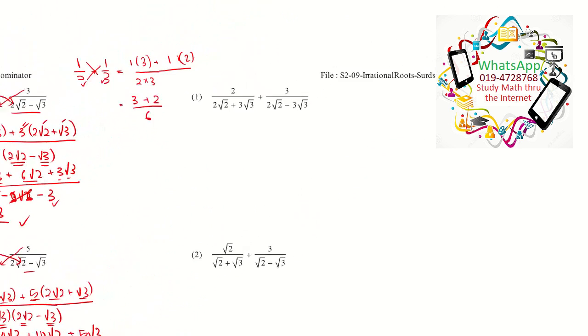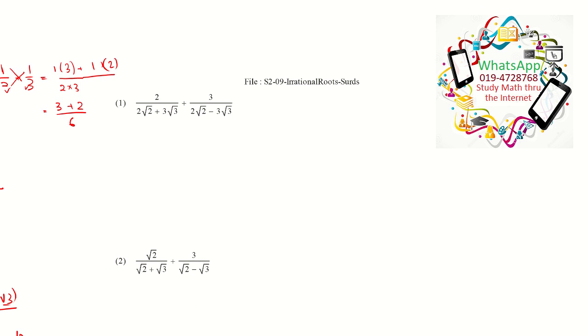Take a look at the next one. Number 1, right? The denominator, you multiply both together. 2 root 2 plus 3 root 2, 2 root 2 minus 3 root 3.